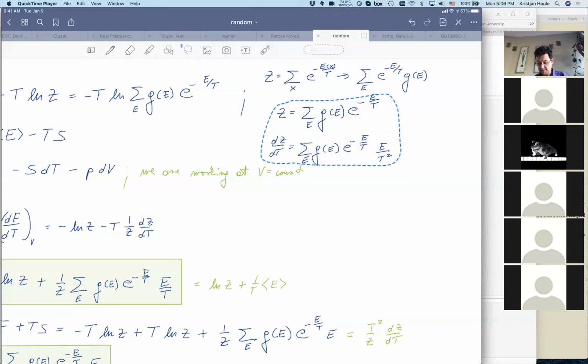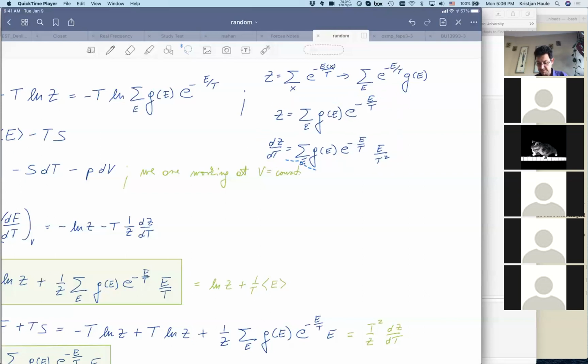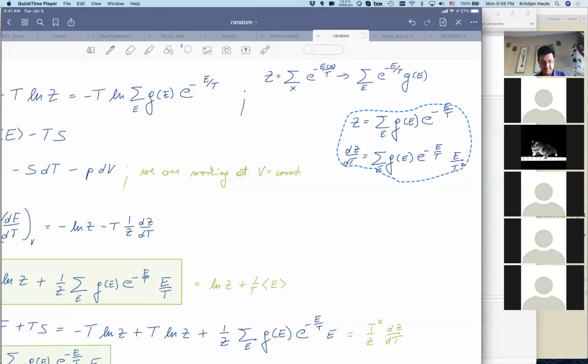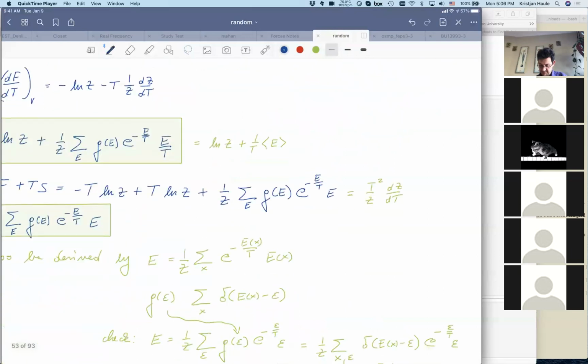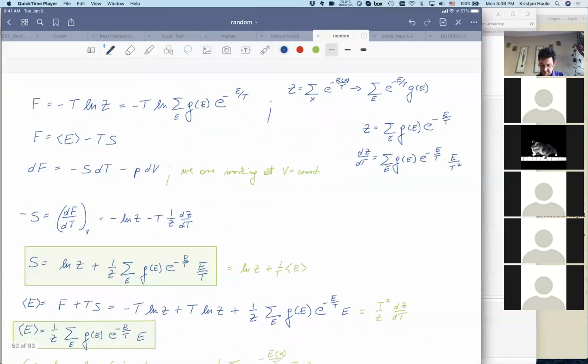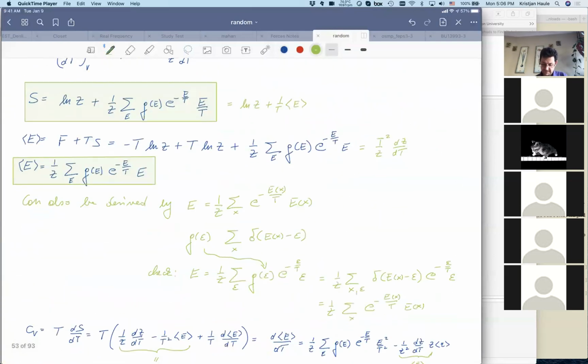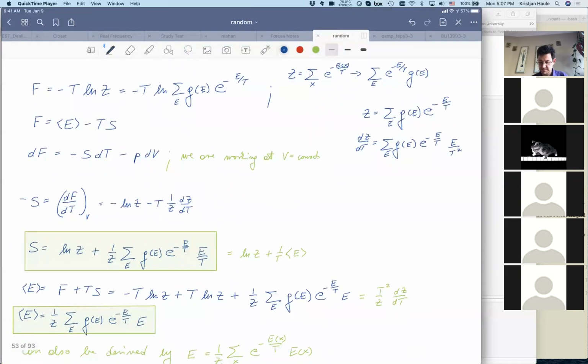So the alternative way to write this is to say that G of epsilon is equal to the sum over all configurations of delta of epsilon minus E of x.